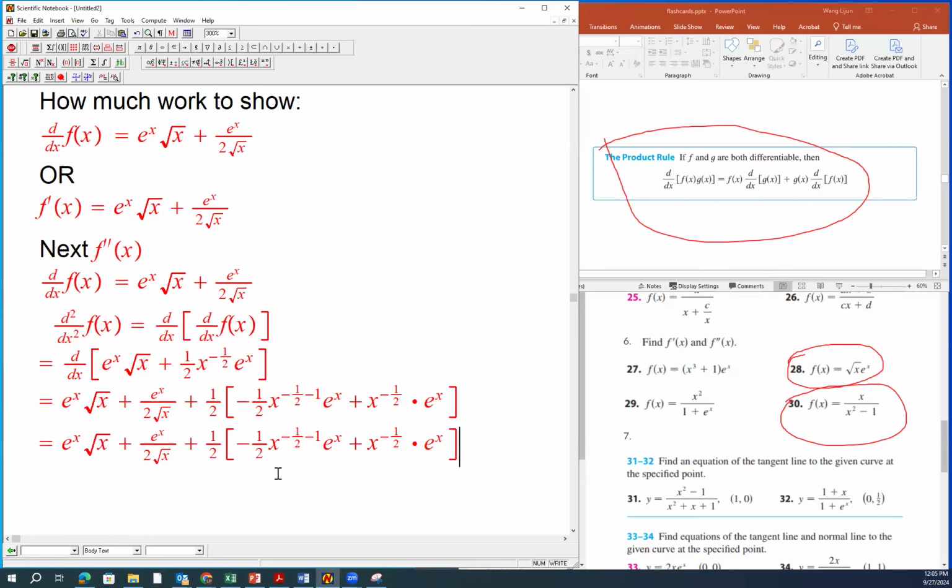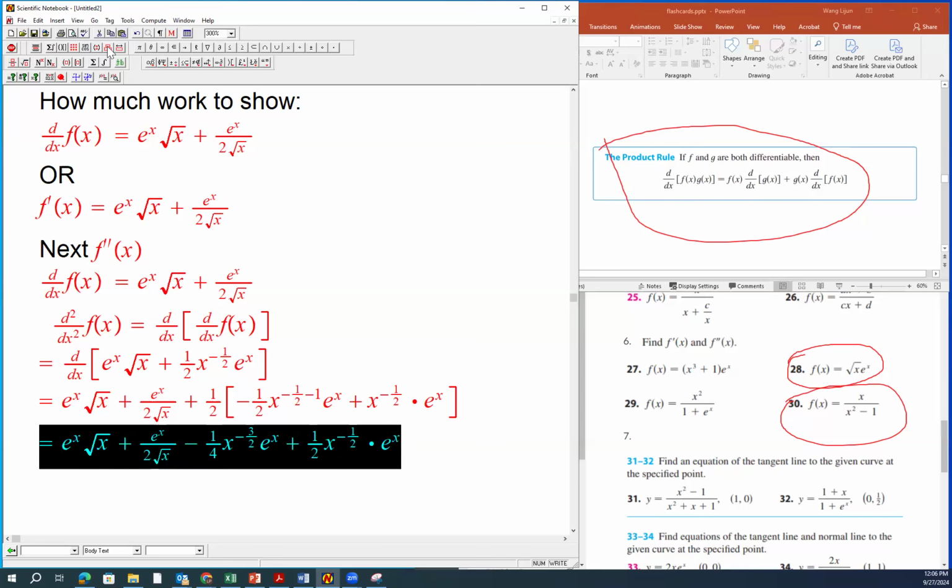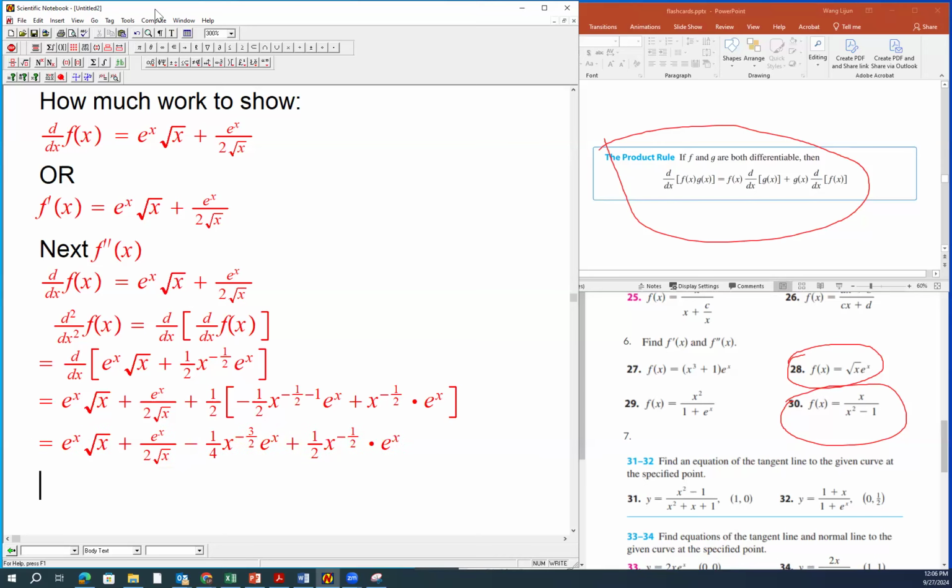One thing you may want to do is to make the form of expression more consistent. For example, this part, you either use power or use root. So this piece is going to be 1 over x times root x, and that piece is 1 over root x.